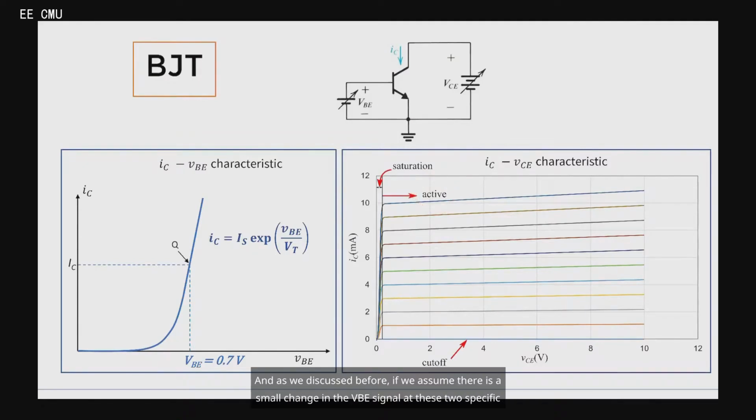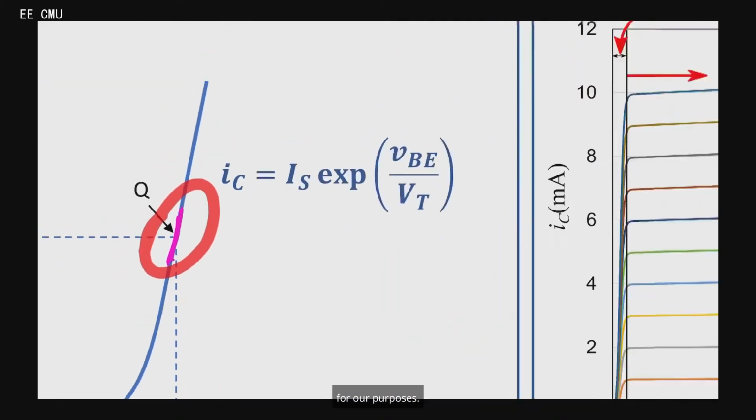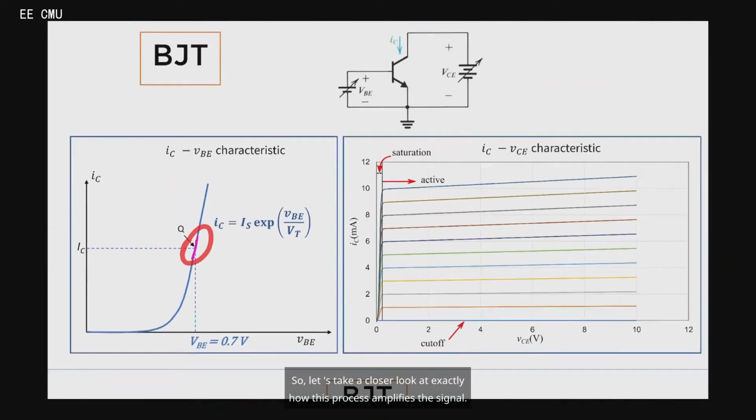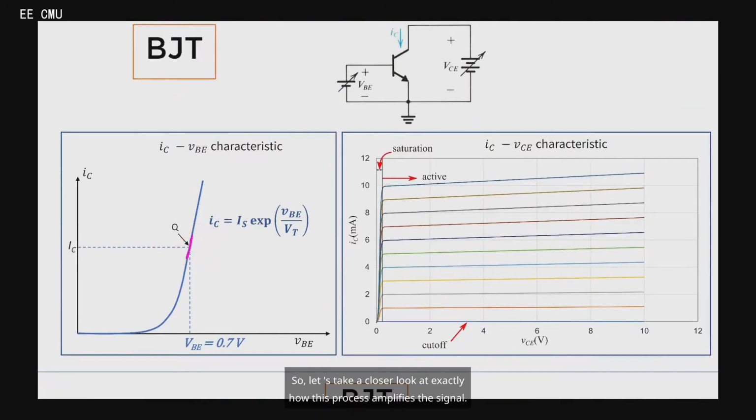And as we discussed before, if we assume there is a small change in the VBE signal at these two specific points, the operation stays within the linear region, right? If we were to zoom in closely on this particular region, the relationship can be considered effectively linear for our purposes. So let's take a closer look at exactly how this process amplifies the signal.